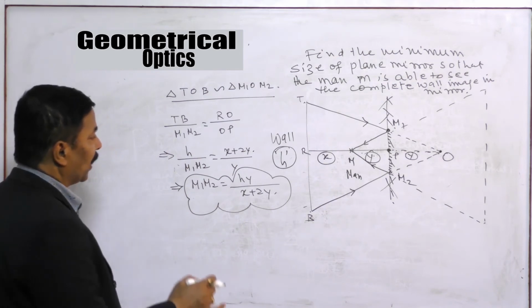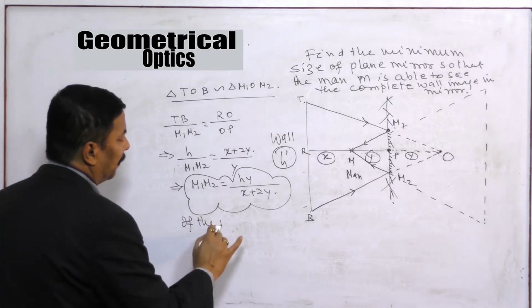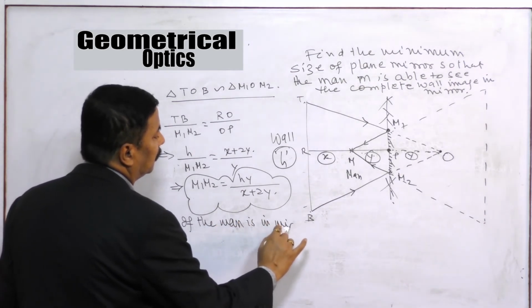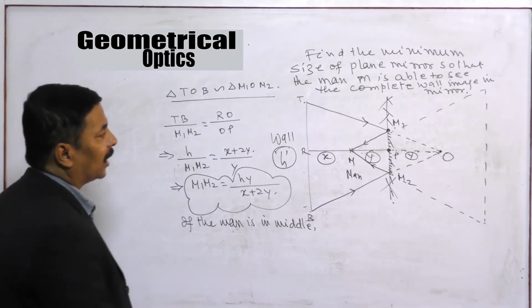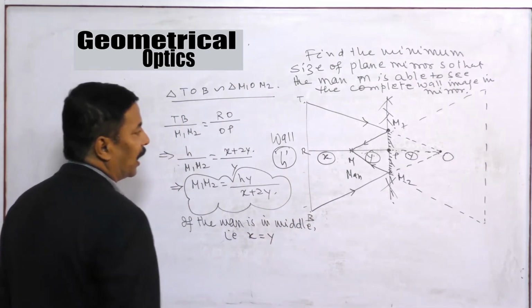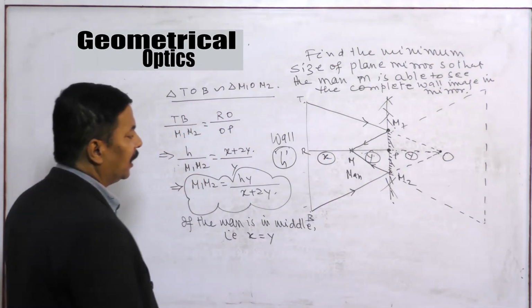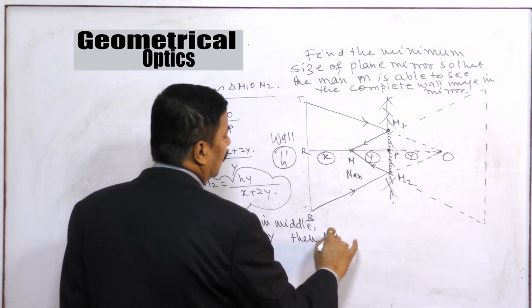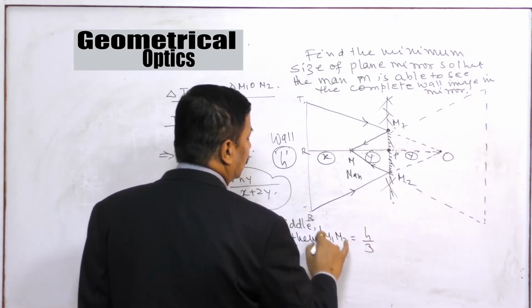that should be understood by you people, that if the man is in the middle, if the man is in the middle, that means X is equal to Y. This X must be equal to Y. If X is equal to Y, then M1M2 is equal to H by 3.